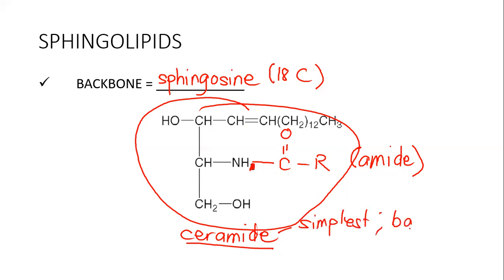It is the basic structure of the sphingolipids, and it also serves as the precursor for the different types of sphingolipids.